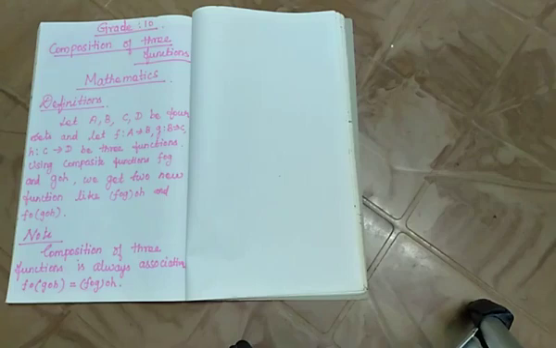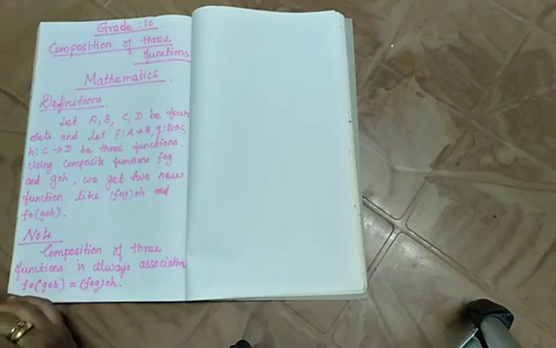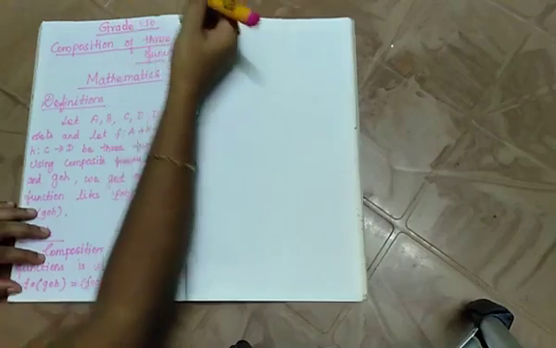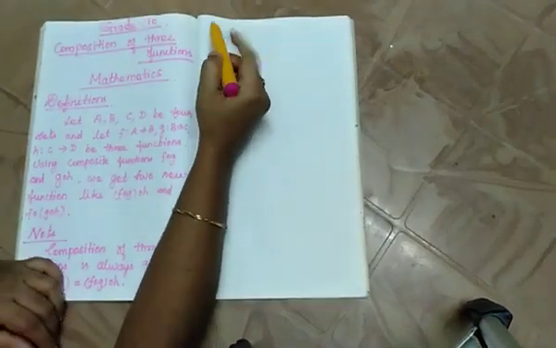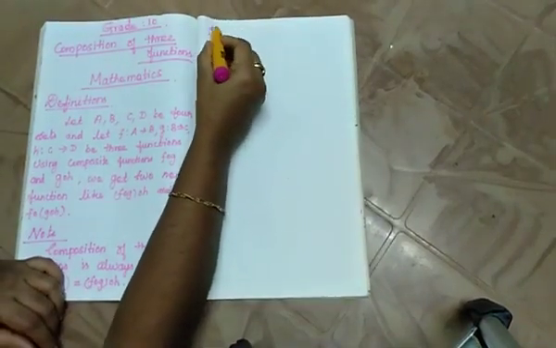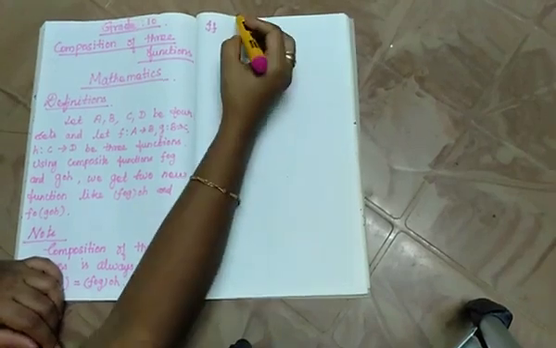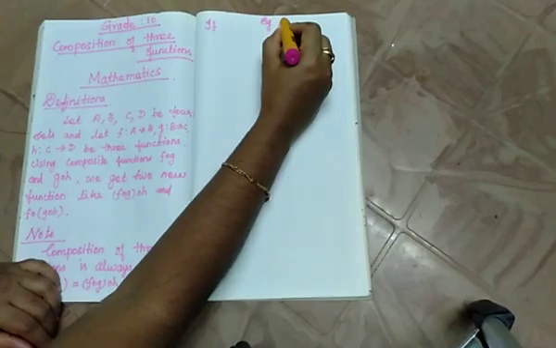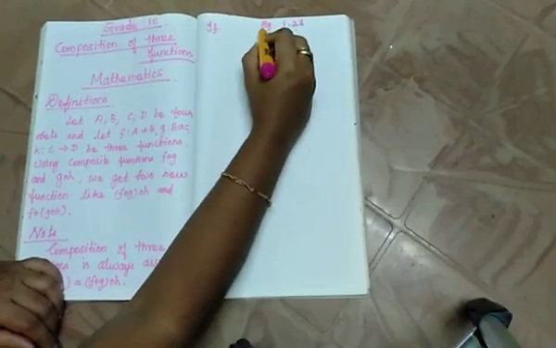Please be attentive. I'll write out the question first. As we were learning composition of three functions, in a question there are three functions. This is example 1.23.